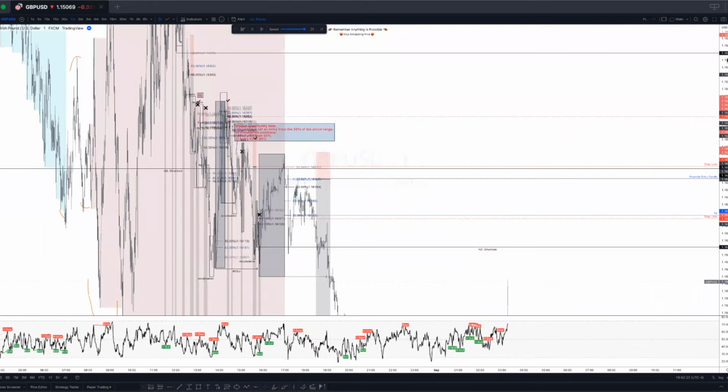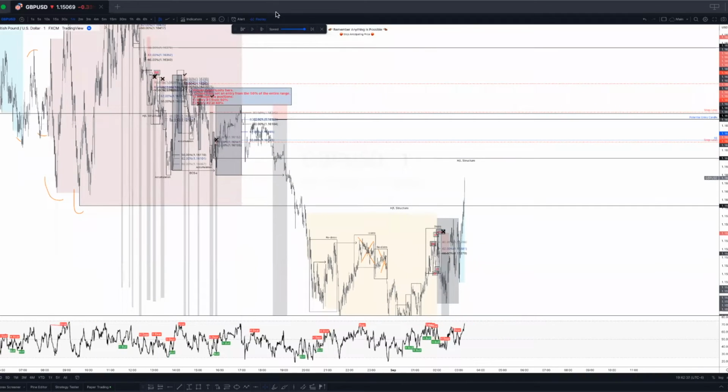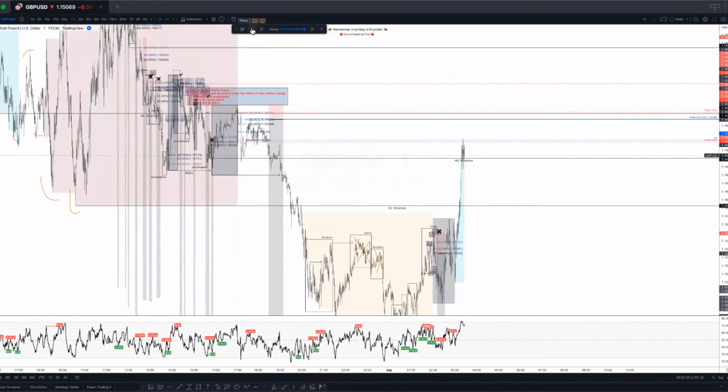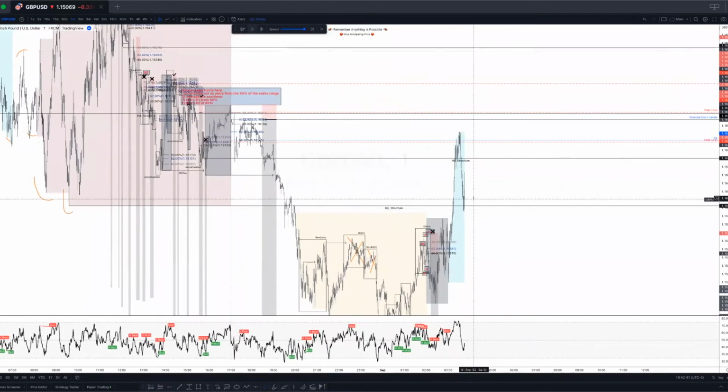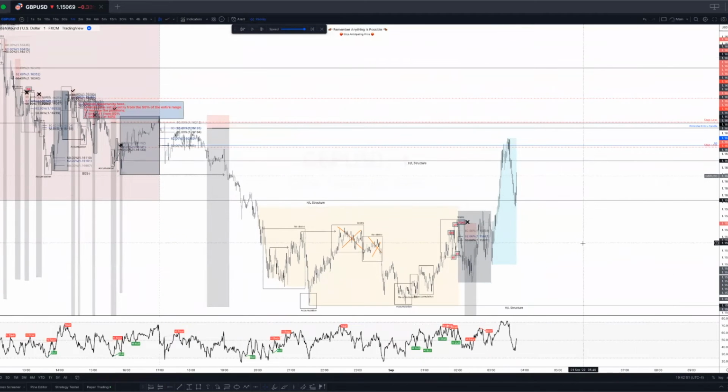Then I think I still have a pending order right here. No. Okay, never mind. This is at break even. Okay. I was like, that's not my entry point. That's at 50%. Like, okay, that blue line kind of threw me off.